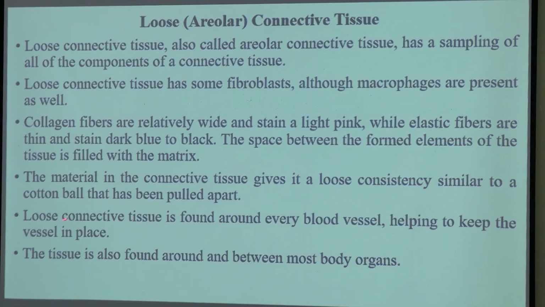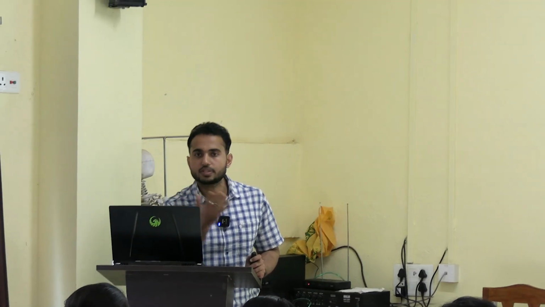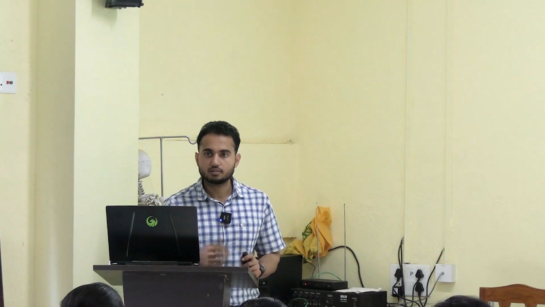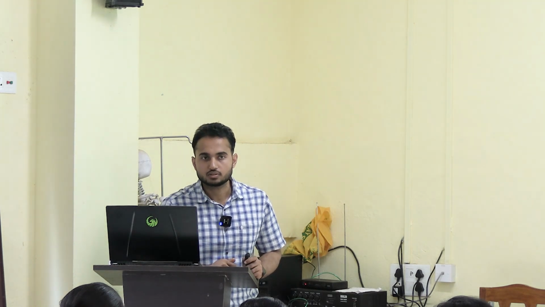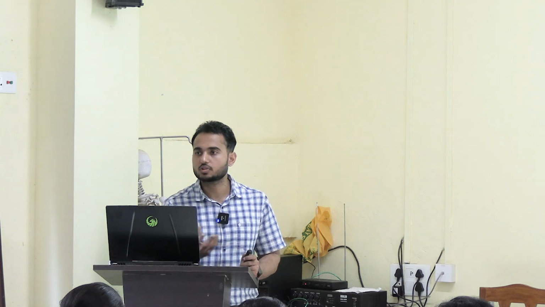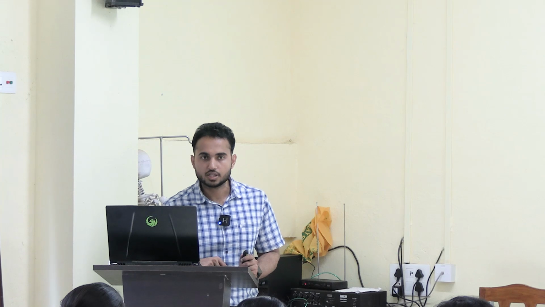For that, it is used around the blood vessels mainly to provide a cushioning effect. Now, I hope you have seen that whenever you order something from Flipkart and all, when the parcel is delivered, when you open it, what do you see? They pack it properly with the help of thermocol and other sponge-like material. Why?